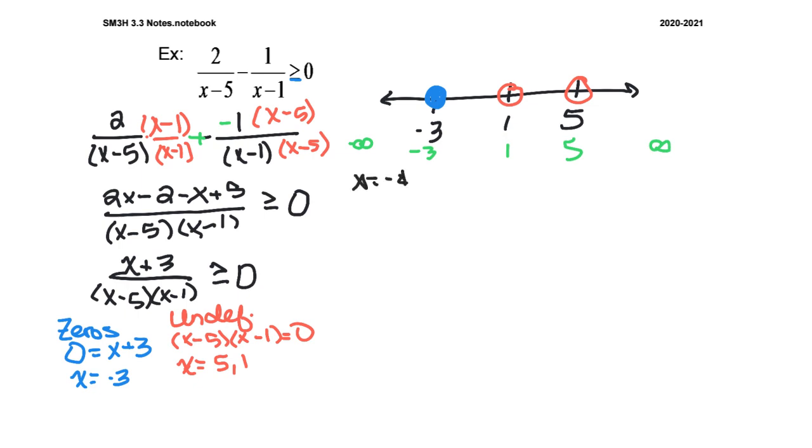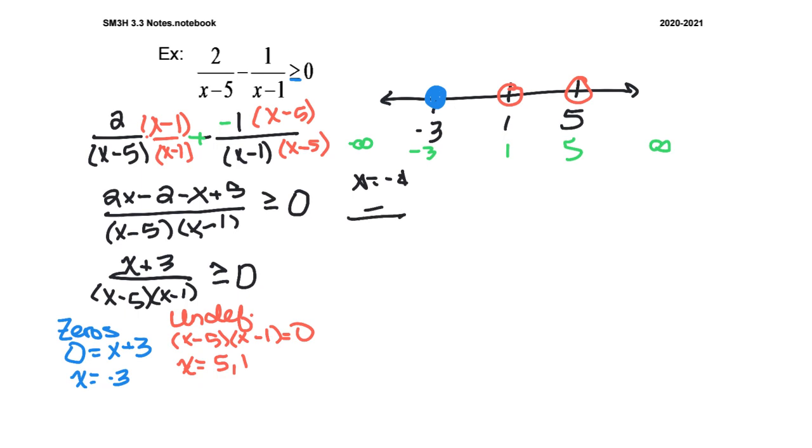So let's do x is equal to negative 4. I'm going to use the factored version of this because I just care about the sign. I don't care about the actual value itself.